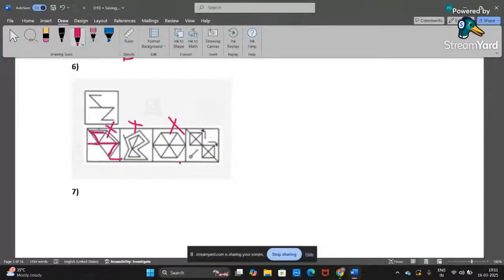So let us find it. Let's just cross verify. Yes, again like this. Yes, this satisfies the given figure.